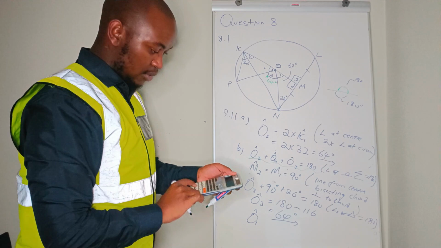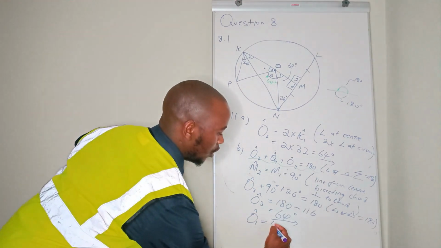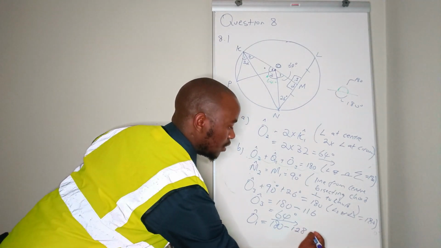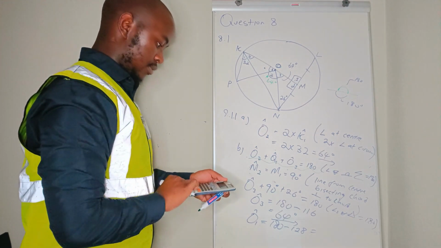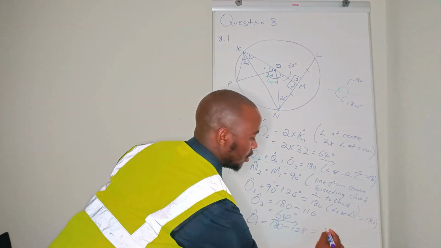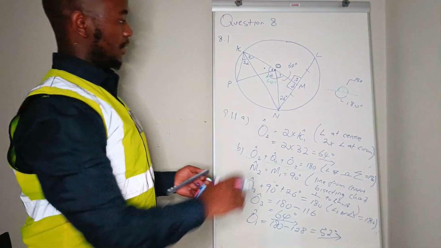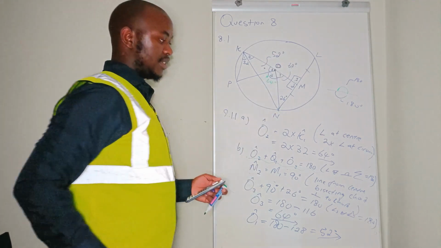What is 64 times 2? It's 128. So O1 is equal to 180 minus 128, which is going to be equal to 52 degrees. That's our answer. O1 is 52 degrees.